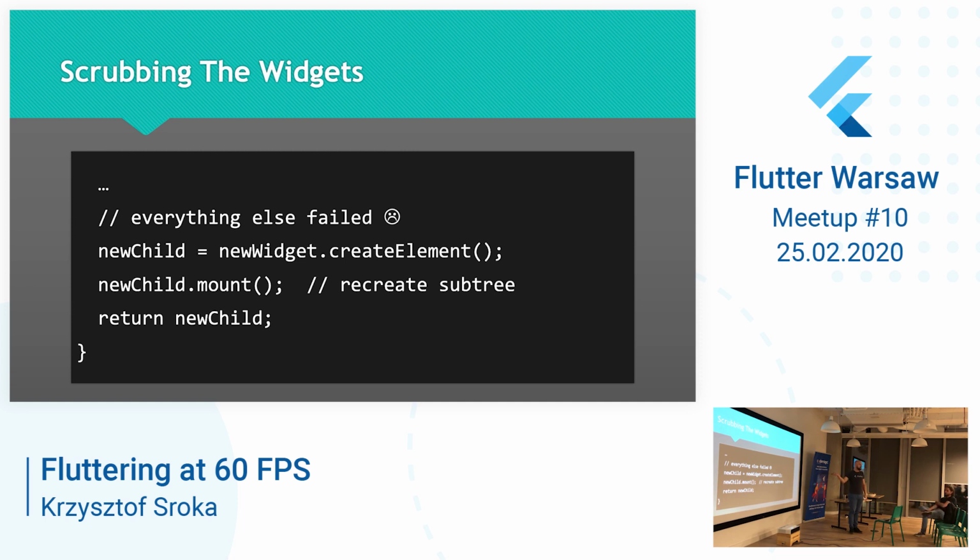Of course, there might be global keys down there, which simplify things, but if this fails, if we cannot really match the old widget and the new widget and somehow update them, we rebuild the part of the tree that's underneath. And this is expensive, because this creates lots of instances of other objects and needs to reattach some tree. When we update, it's easier, because we preserve the instances, and some of the state is there.